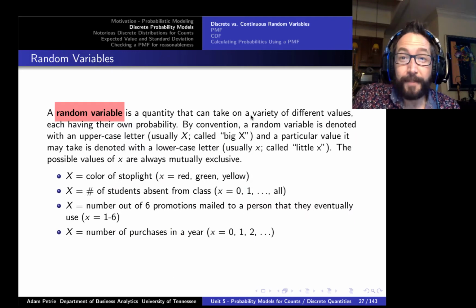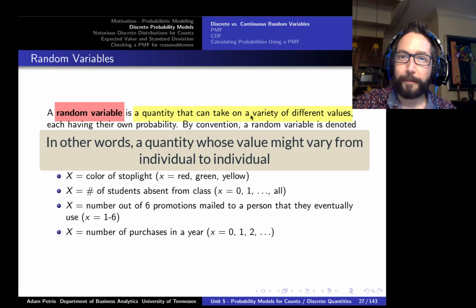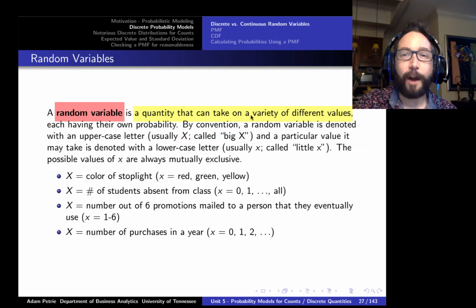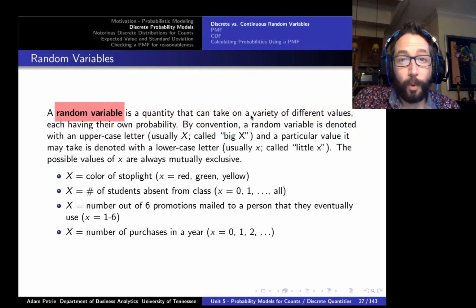So a random variable in business analytics for our intents and purposes is just some quantity whose value might vary from individual to individual. And so we just want to be familiar with the terminology and the notation for how we refer to a random variable and how we refer to the possible values that it might take. So one thing we might study is the number of items that someone has in a cart at checkout.